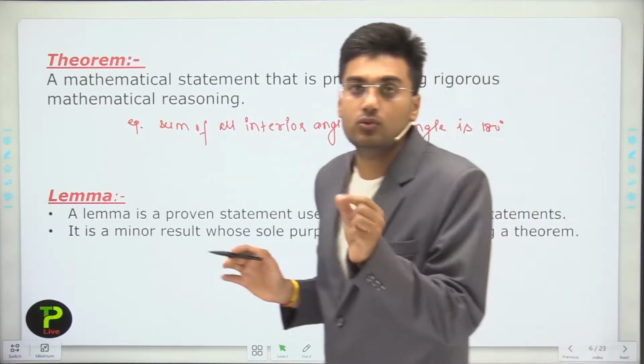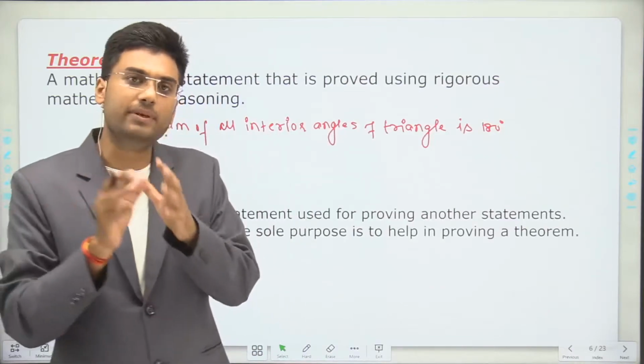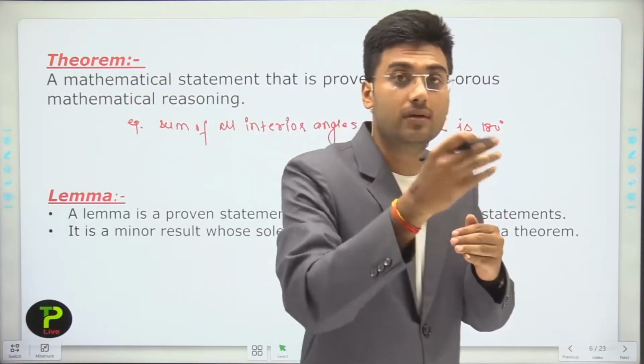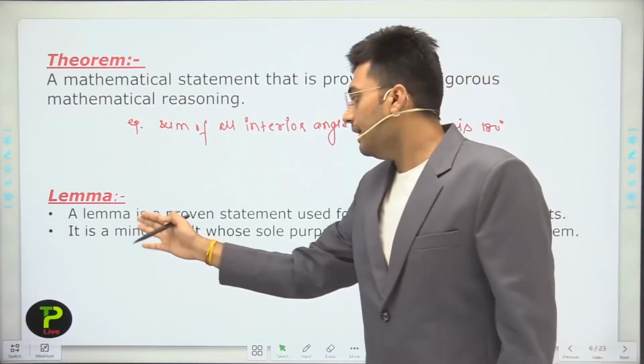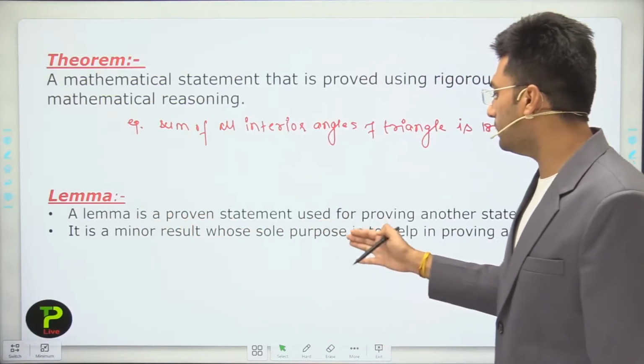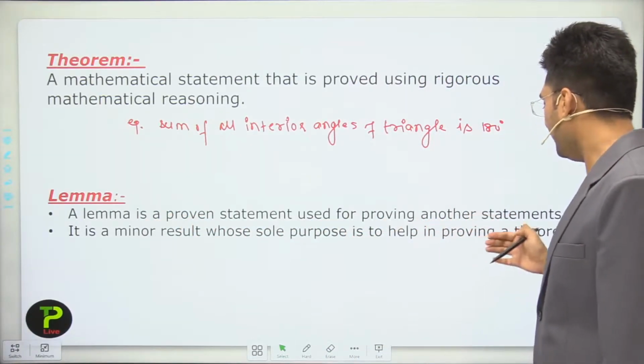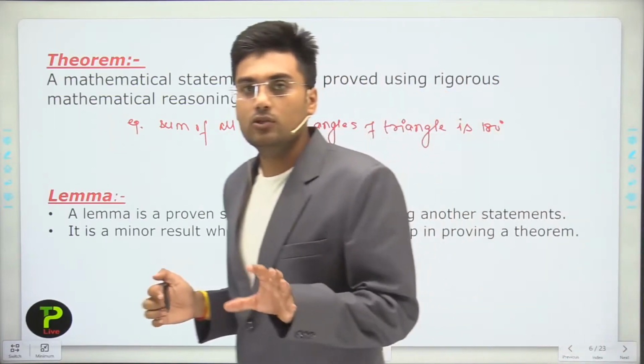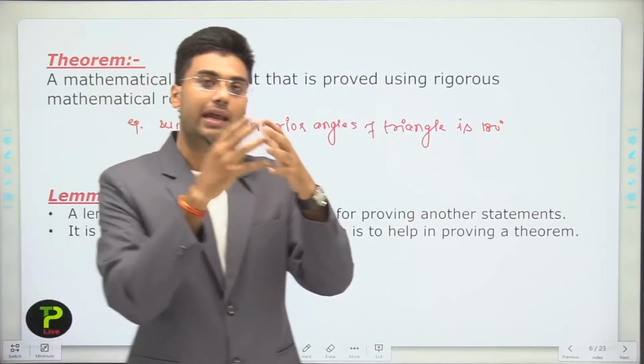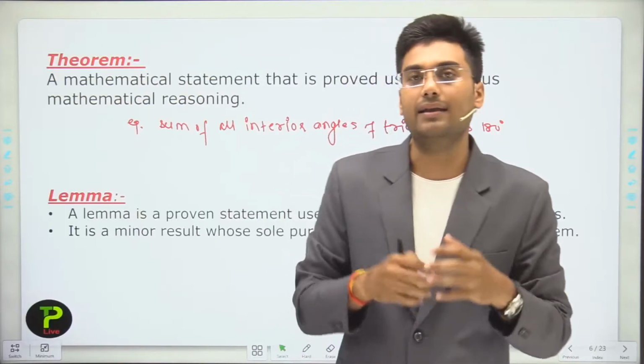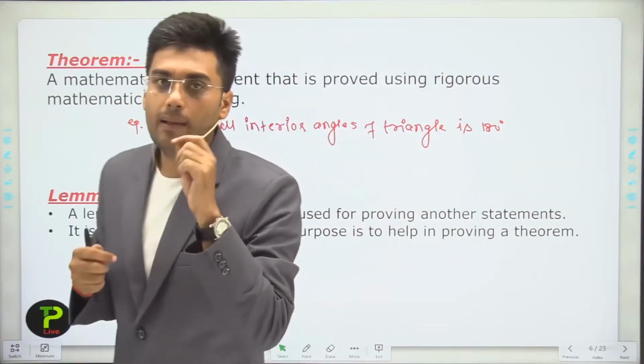Sometimes a lemma is used to prove theorems. It is a minor result whose sole purpose is to help in proving a theorem. Clear? So these are the three terms: algorithm, theorem and lemma, and these three terms have minor differences.